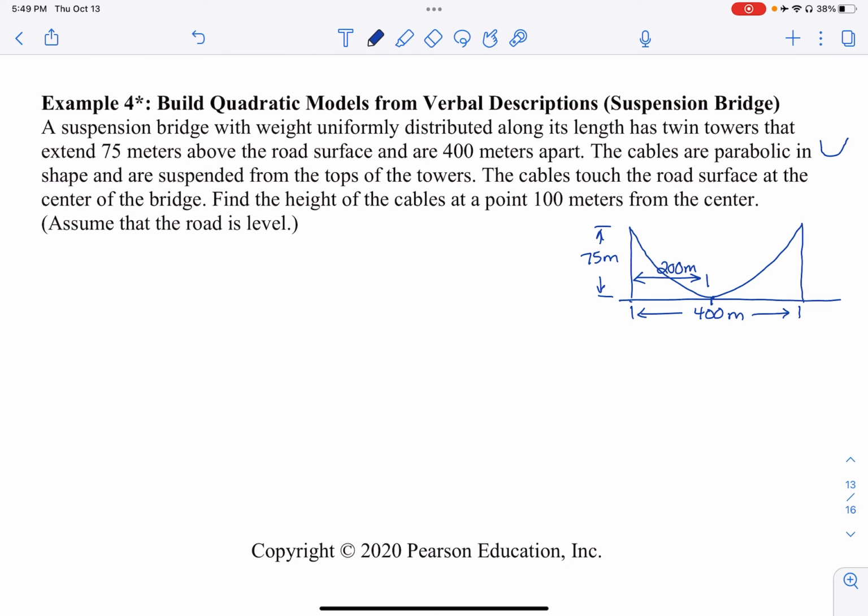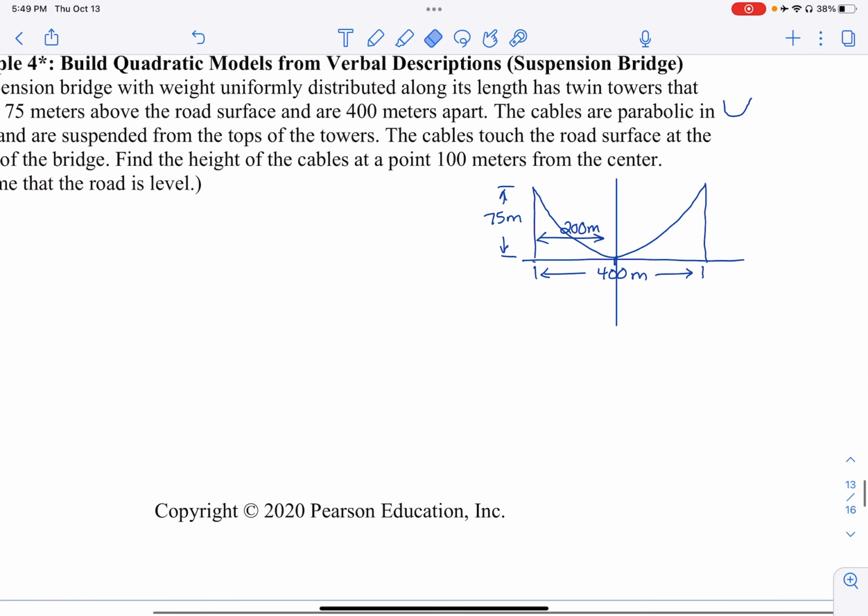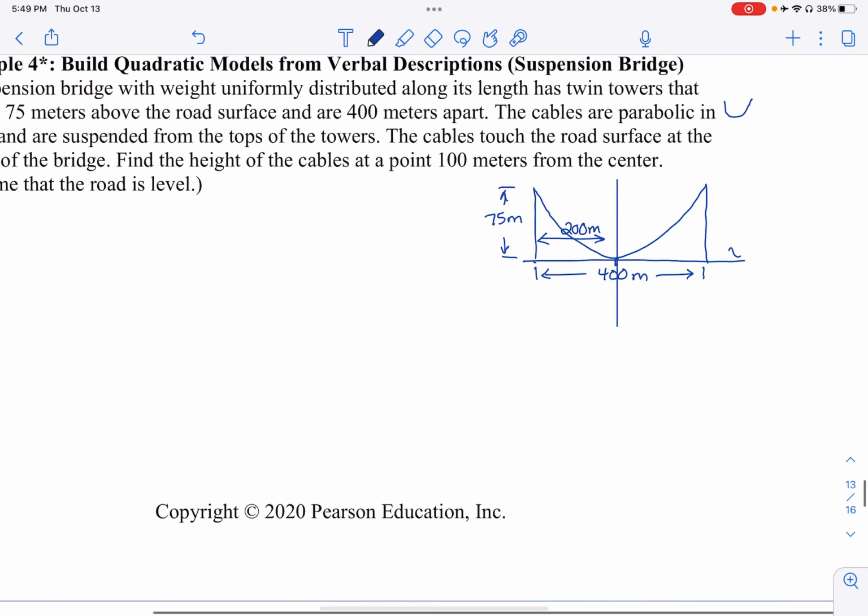So let's start. Here, we're going to draw a line straight up and down, and we're going to put our center so that this is our x, and this is our h of x for height.